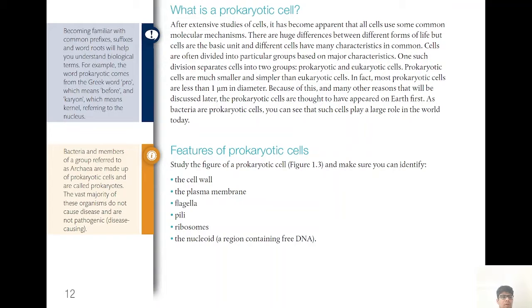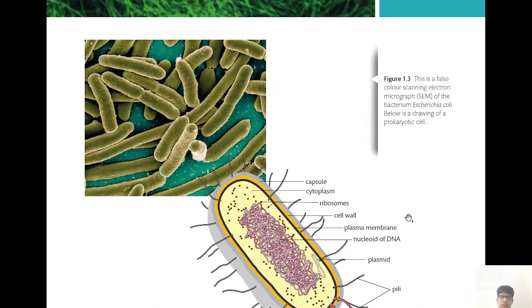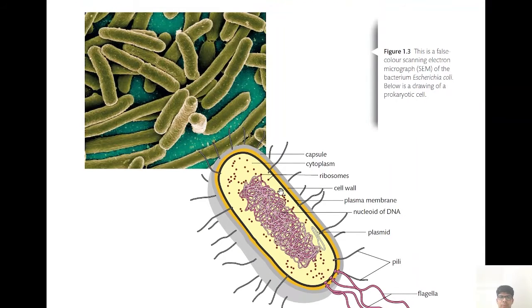Here we have some information. Bacteria and members of the group referred to as archaea are made up of prokaryotic cells and are called prokaryotes. The vast majority of these organisms do not cause disease and are non-pathogenic. Now here we have the diagram.